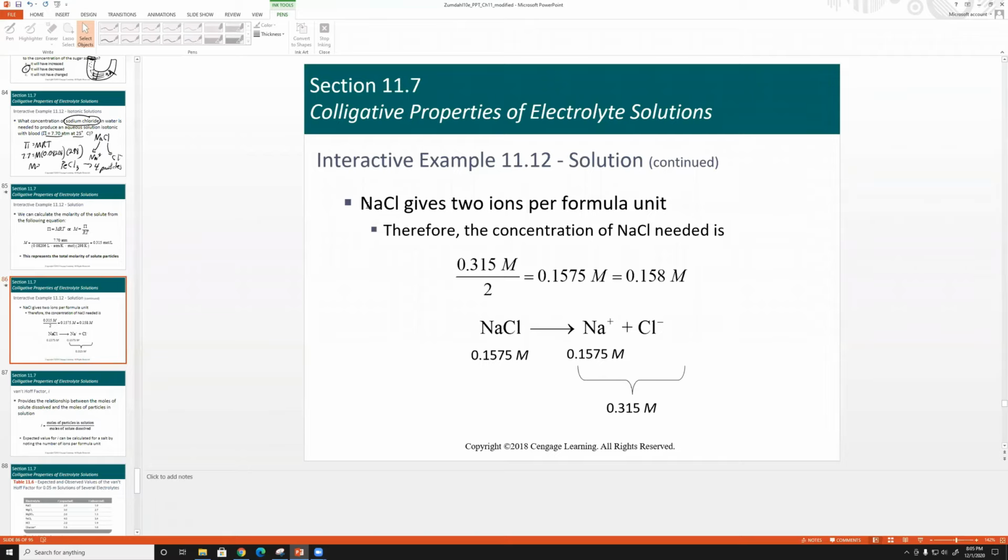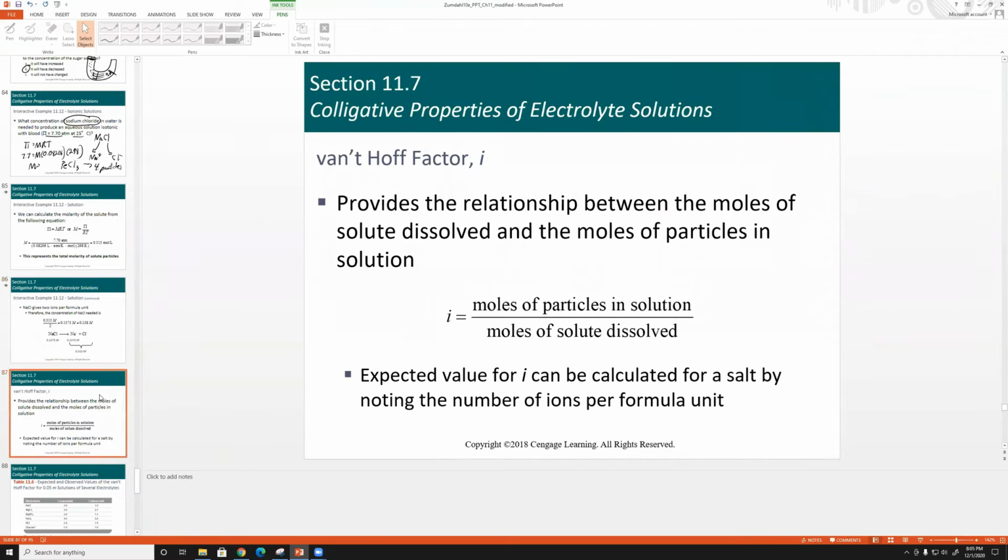The finale of that is we can modify these equations a little bit by this thing called the Van't Hoff factor. The Van't Hoff factor is denoted as i, and it provides a relationship between the moles of solute and the particles in the solution. Basically, it's an integer, and it corresponds to the number of ions.